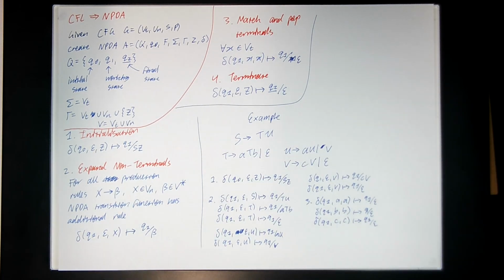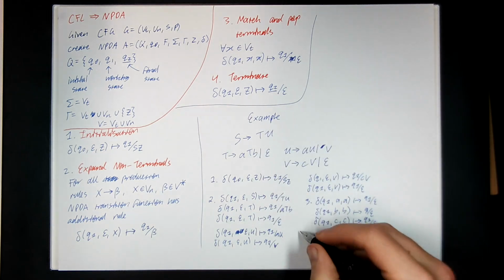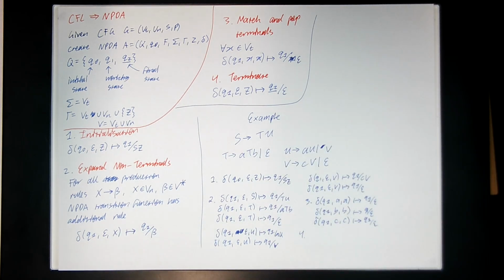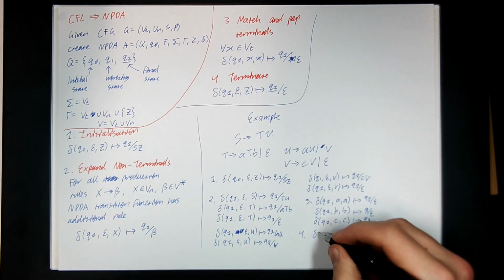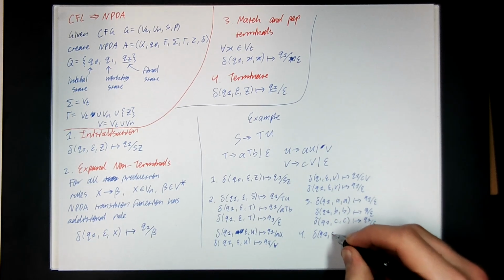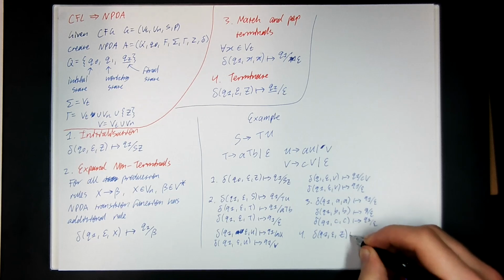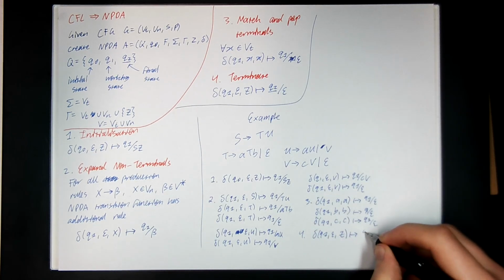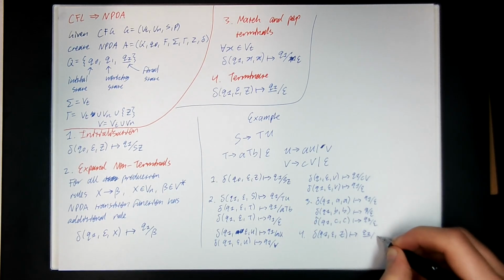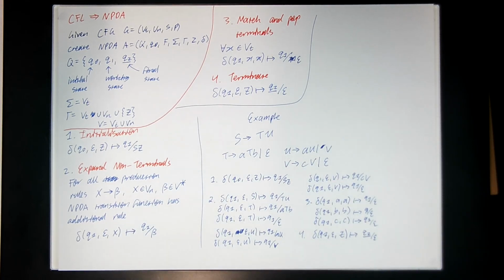Okay, so that's the terminals dealt with. And the last case is if the input is empty and the stack is empty, everything's balanced out, then I accept. So given empty input, given I can see the empty stack symbol, I transition to Q2 and then hold. Okay, so that's how you convert a CFL into an NPDA.